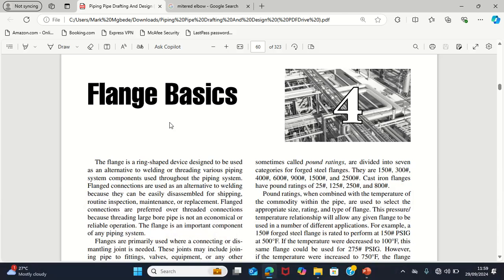So in chapter 4, we did a discussion about flange basics. Let me tell you what a flange is.